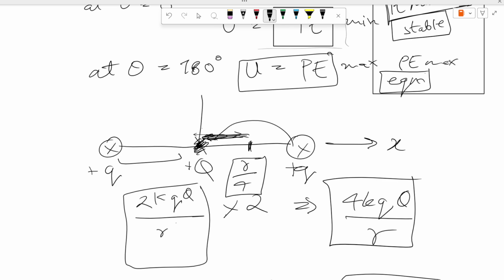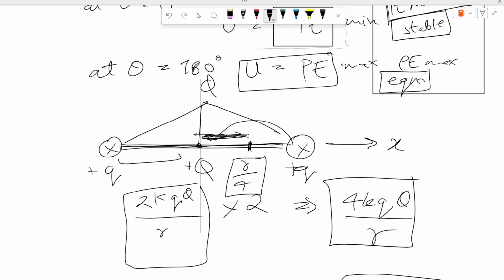But when we displace it along the y-axis, or its perpendicular bisector, the distance between them increases. As the distance increases, the potential energy decreases. So it is an unstable equilibrium when it comes to the y-axis, because once you displace it in the y-axis, it never comes back to its original position. In terms of the y-axis, it is the maximum potential, but in terms of the x-axis, it is the minimum potential.